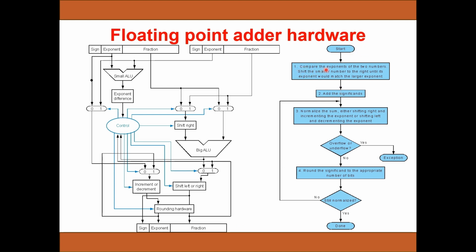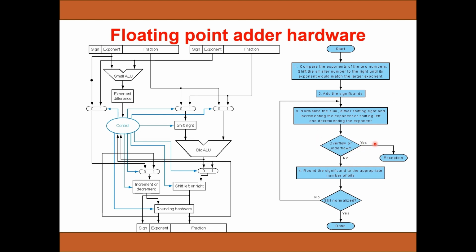Start, then compare the exponents of the two numbers, shift the smaller number to the right until its exponent matches that of the larger number. Then the second step is to add the significands and normalize the sum, with shifting, either right or left, and then you detect overflow or underflow.